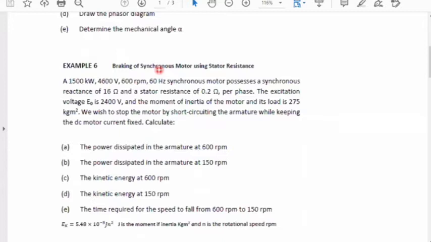The excitation voltage is 2400 volts and the moment of inertia of the motor and its load is that value there. We wish to stop the motor by short-circuiting the armature while keeping the DC motor current fixed. You are required to calculate, A, the power dissipated in the armature at 600 RPM.